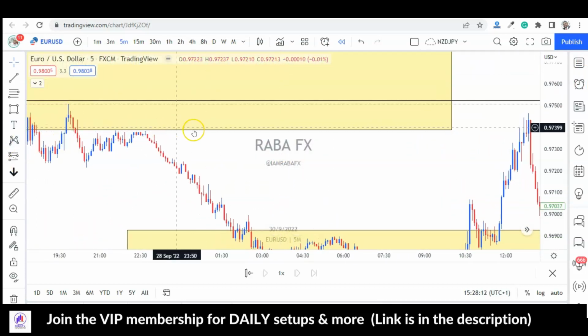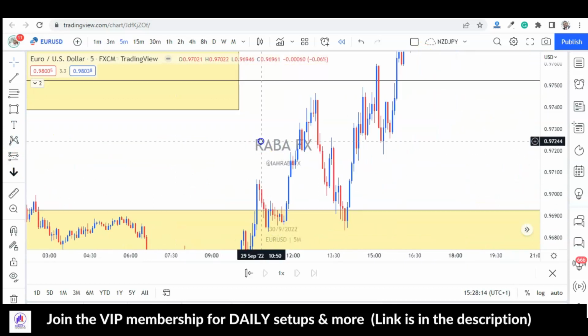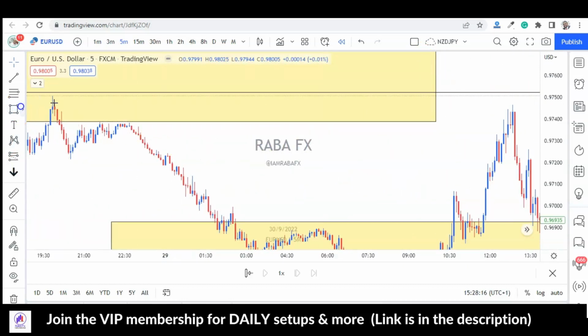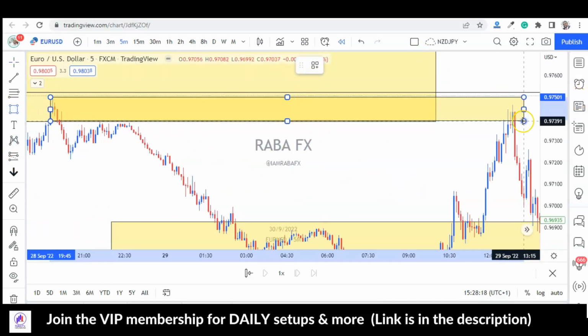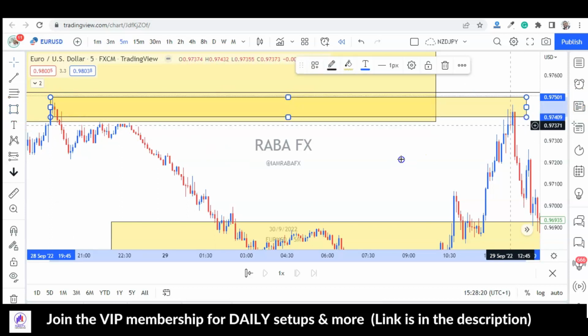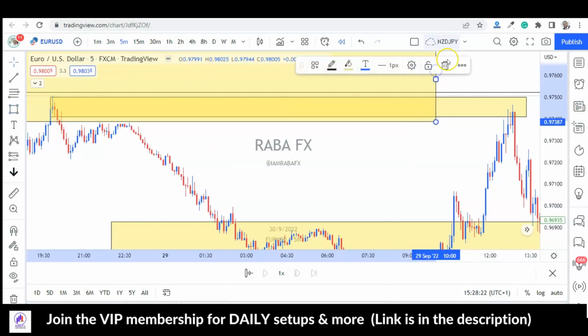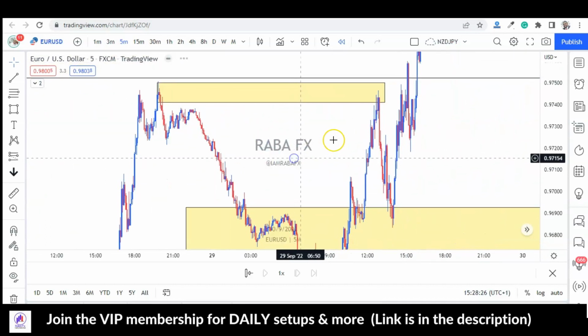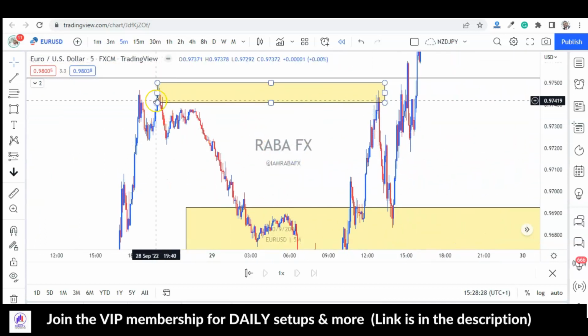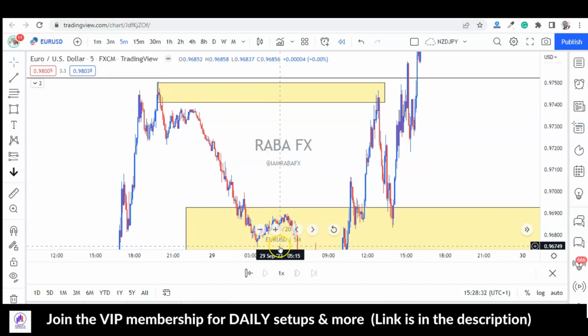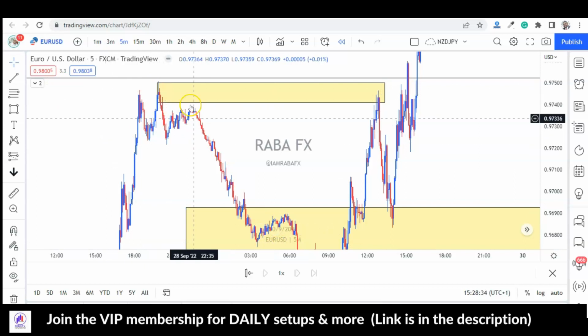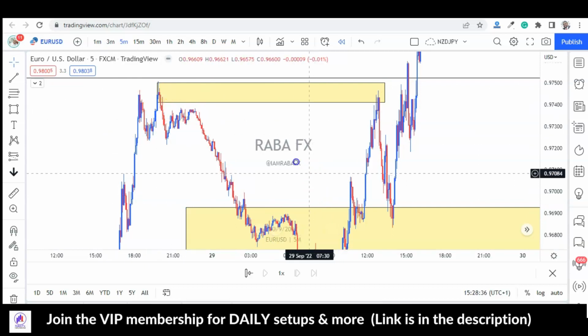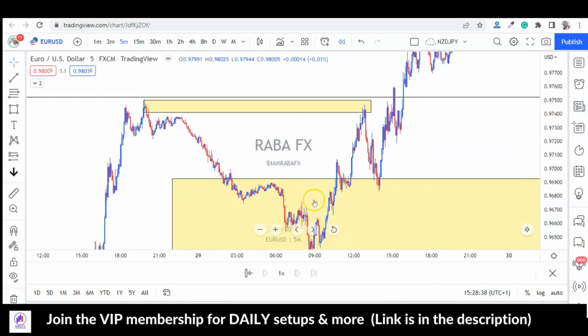So some people, since they are novice, might try to sell here. Okay, now why did this work here? It worked because initially this was a strong high. Okay, after giving you the confirmation, we have liquidity, price came back in.